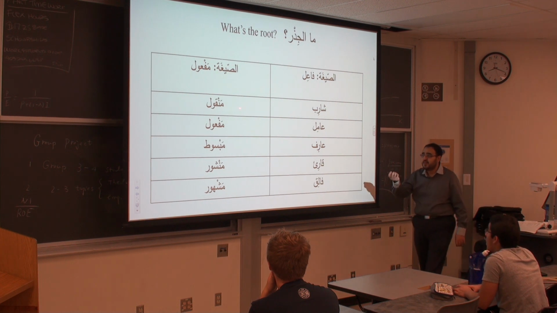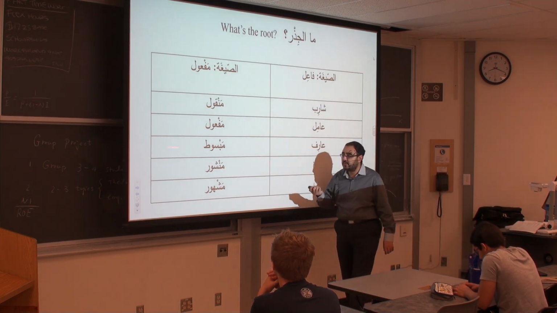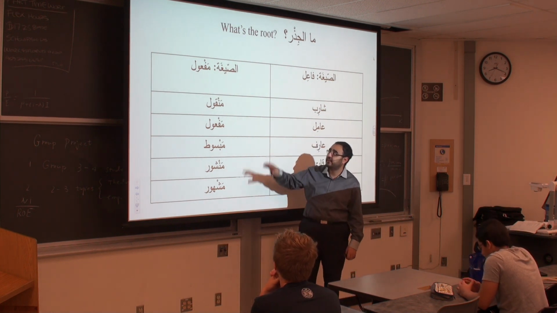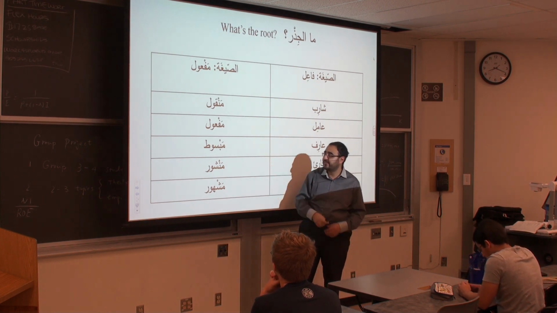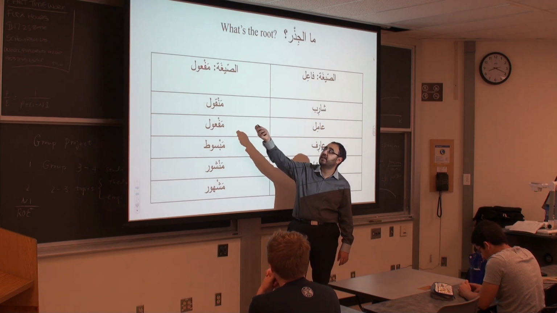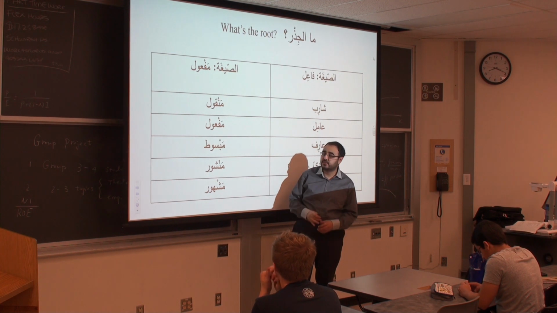Same in this one. It will be maf'ul, so manqul, maf'ul, mabsut, manshur, mashhur, all of them have the same morphological weight, which is just the pattern, nothing added before or after. So you just remove the meem with the fatha, remove the waw, and you're left with the three letters of the root.